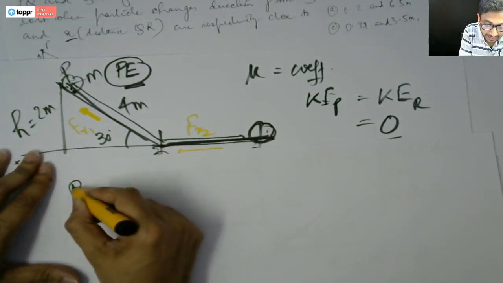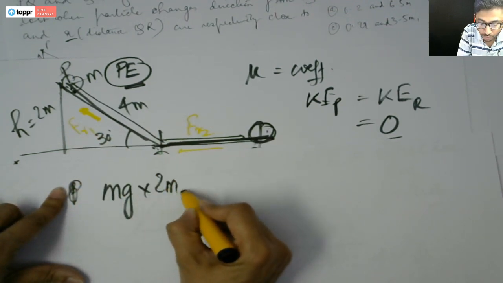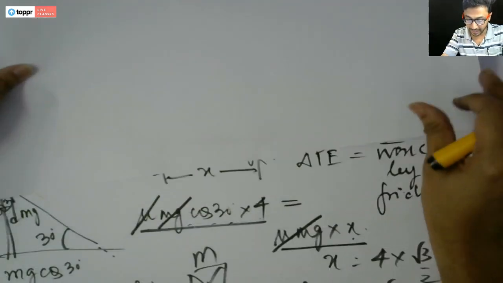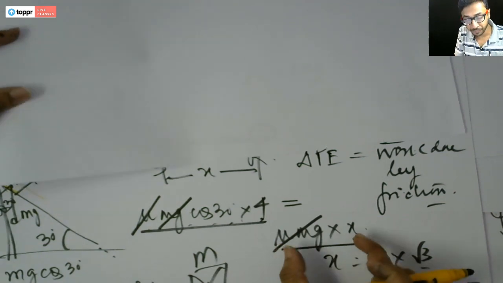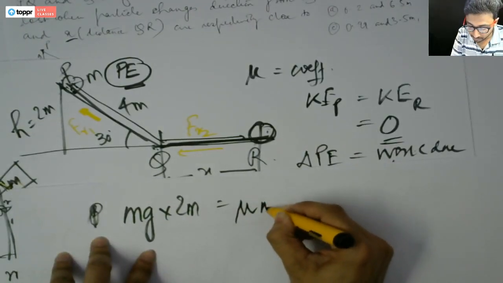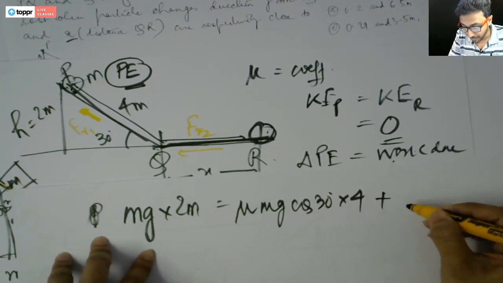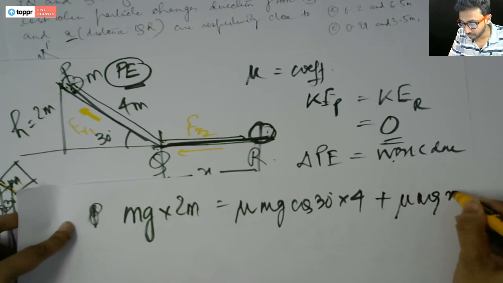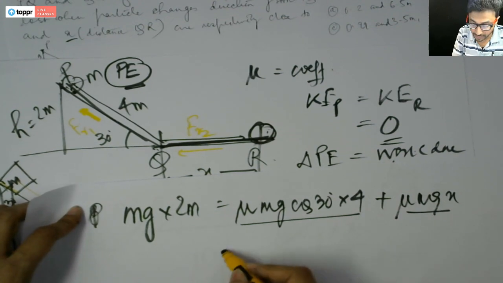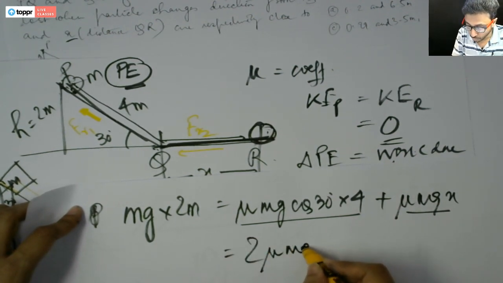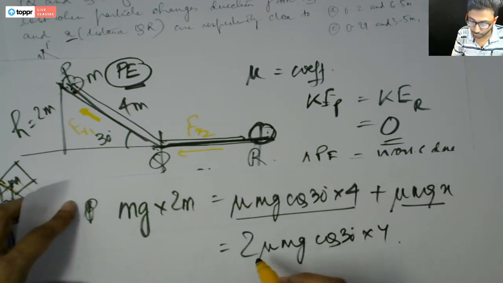So PE, mg into 2 meter, will be equal to mu mg cos 30 into 4 plus mu mg x. Just in the previous equation we have seen this will be equal to this, so we can write 2 mu mg cos 30 into 4.